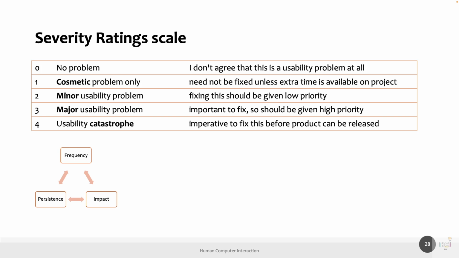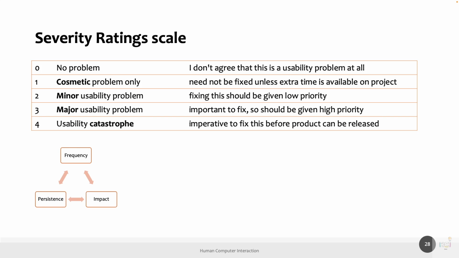As the name suggests, these problems don't need to be fixed by the design team unless there is extra time for the design team, okay? They are very specific, very minor problems that can be fixed, yes, but just at the end, if the design team has enough time.